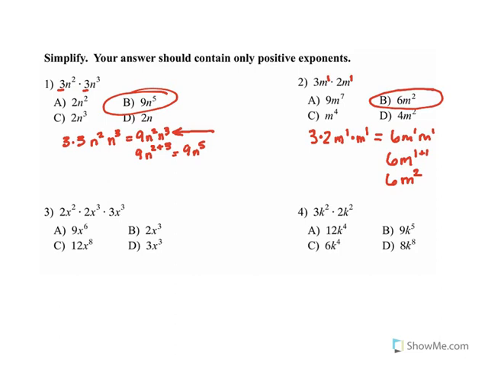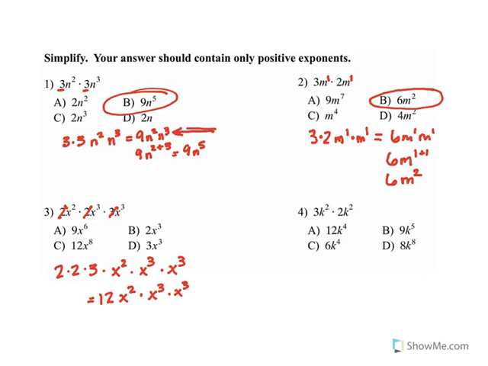Okay, now this third one is the same thing. It is just a little bit longer. So we're going to put our numbers together. We have 2 times 2 times 3. Now we have times x squared times x to the third times x to the third. So 2 times 2 is 4. 4 times 3 is 12. So we have 12x squared times x to the third times x to the third.